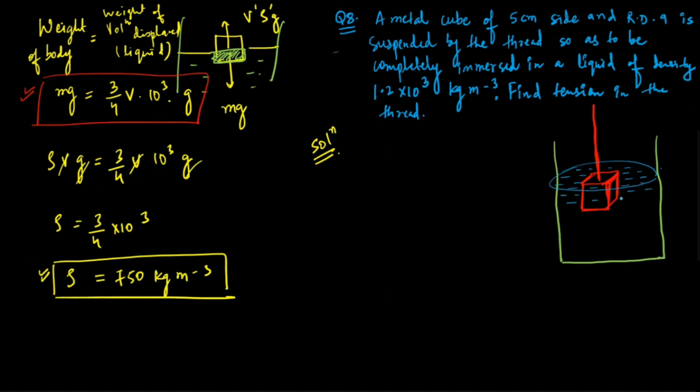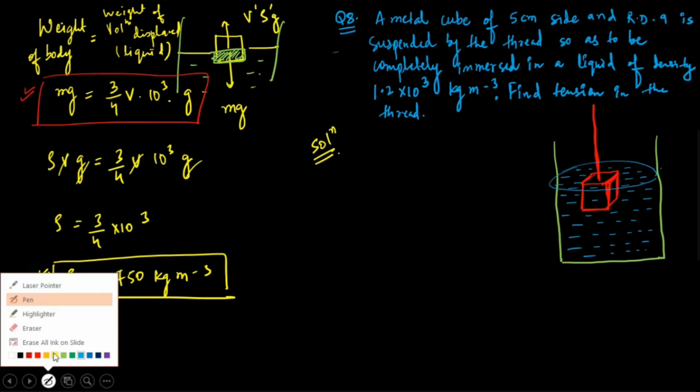Find the tension in the thread. Oh, okay. So the tension will be the apparent weight. Basically it will be Fg minus Fb. Correct. Now solve it and tell me the answer.